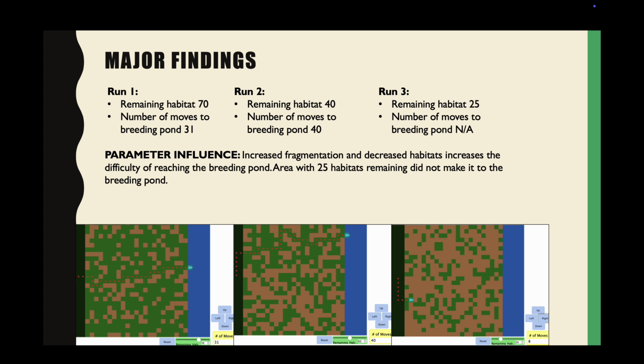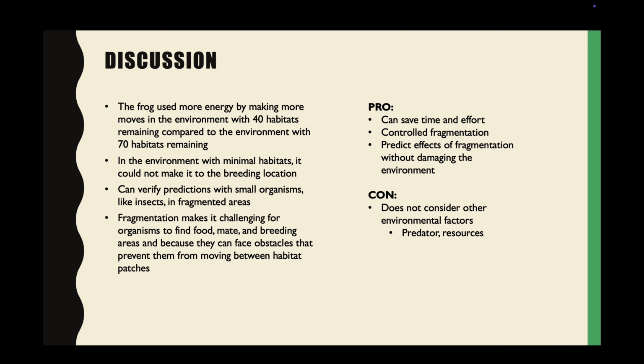So for each run, the remaining habitat was decreased, and the number of moves, which I kind of understood as like the amount of energy. So for increased fragmentation and decreased habitats, the difficulty of reaching the breeding pond also increased.